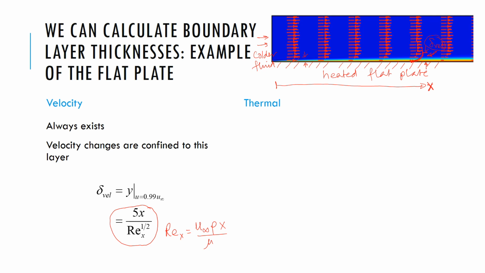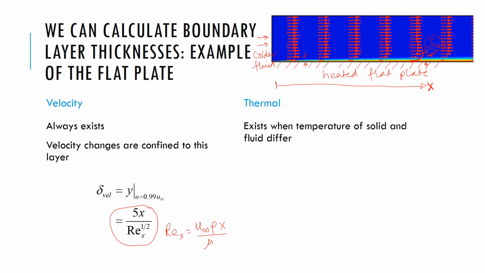Of course, in practice, for the kinds of things we deal with, it will be of the order of a few millimeters in many everyday applications, but it can also be kilometers. It depends on the particular situation.